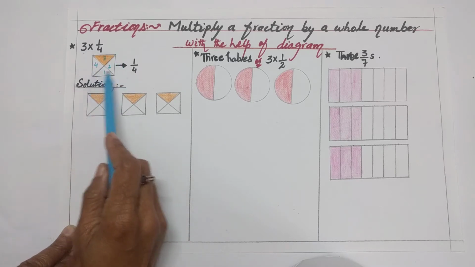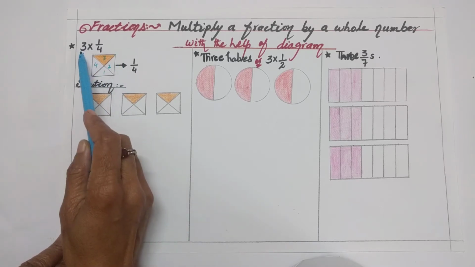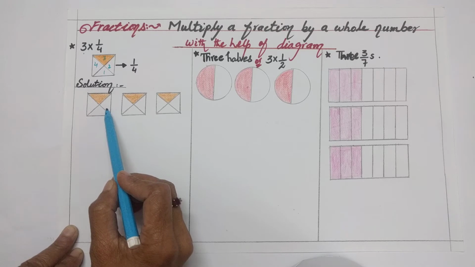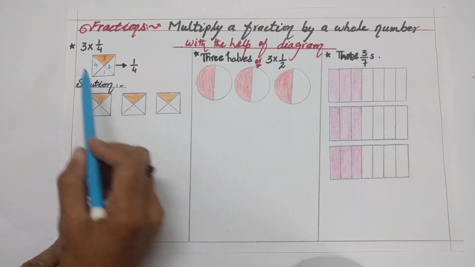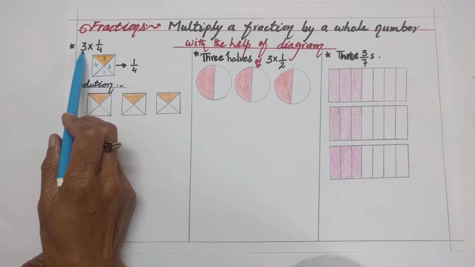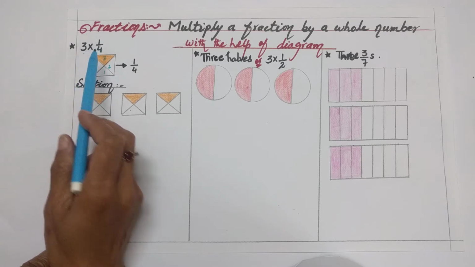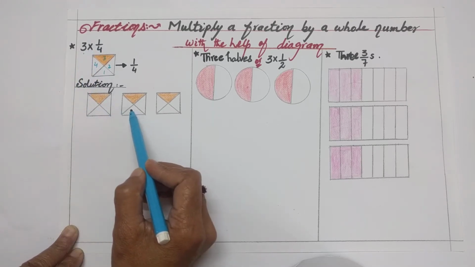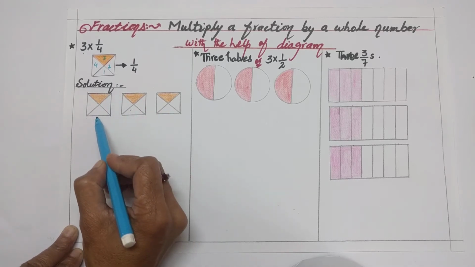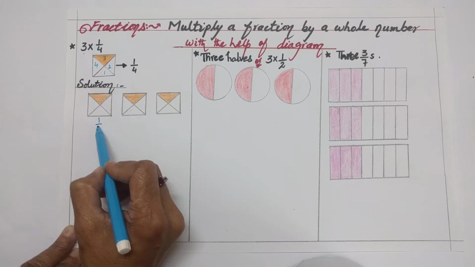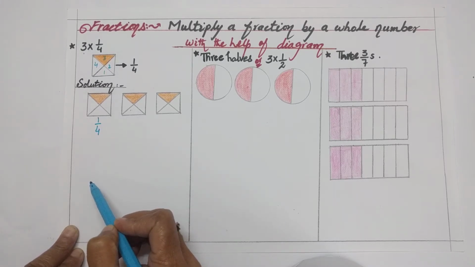To take this diagram 3 times, as you can see, I have 3 squares: 1, 2, 3. Why? Because according to our question, we have 3 times 1 by 4: 1 by 4, 1 by 4, 1 by 4. One part is shaded, it means the fraction of this diagram is 1 by 4.